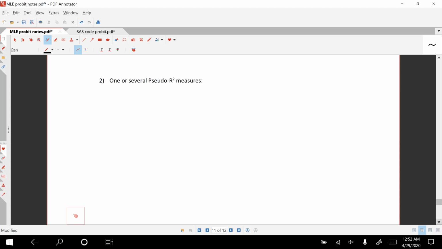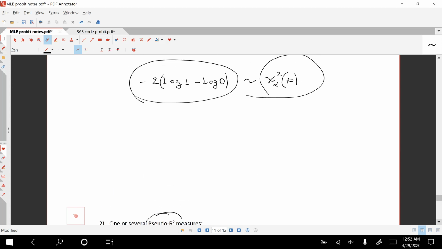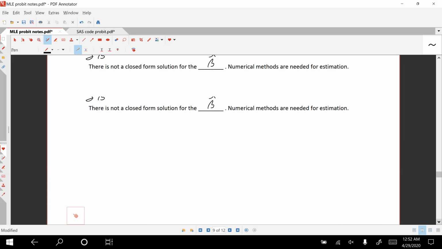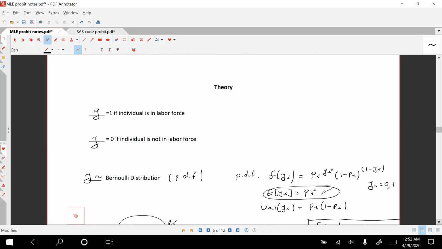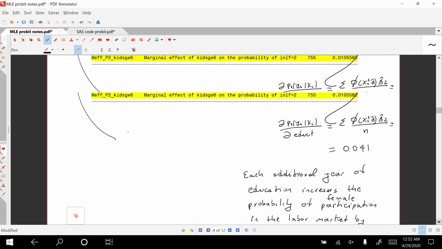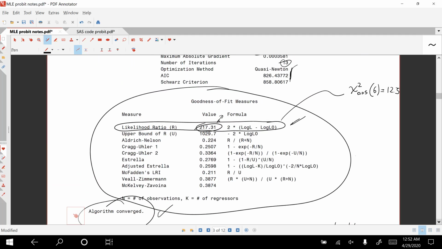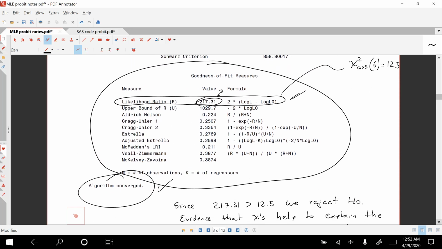There are a lot of researchers that have come up with these pseudo R-square measures, and they don't have the same interpretation. So you can always report one or several of them, but SAS basically gives you this very long laundry list of pseudo R-square measures.